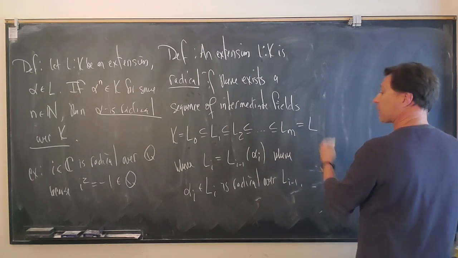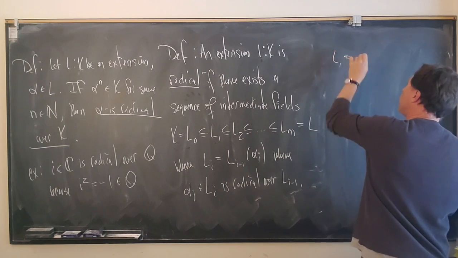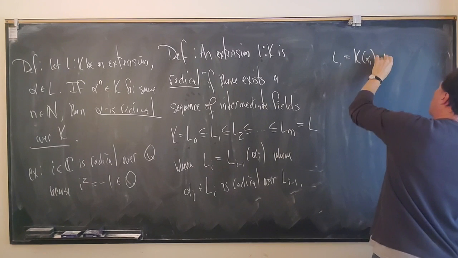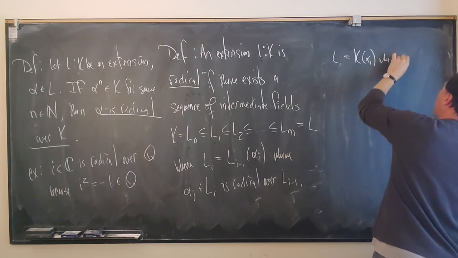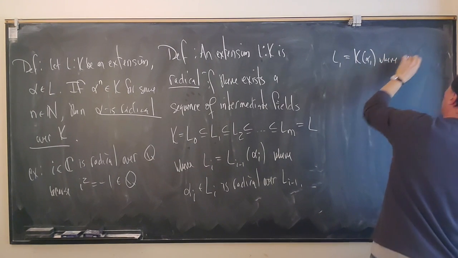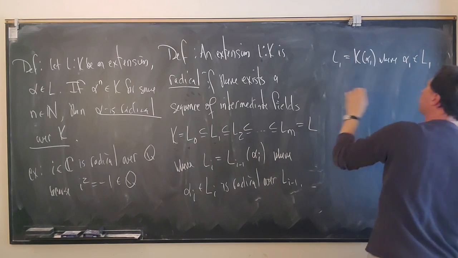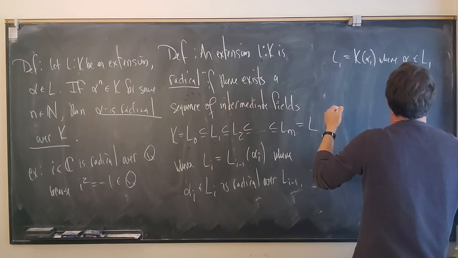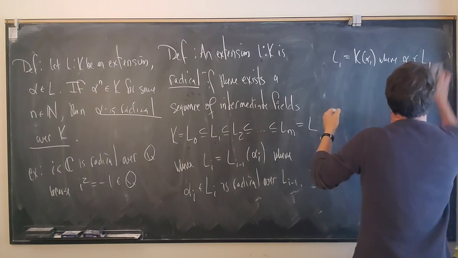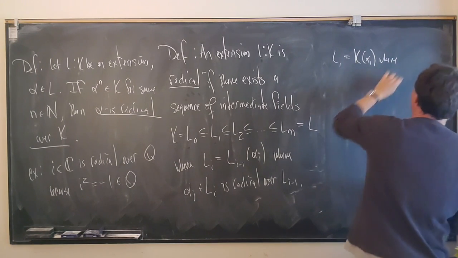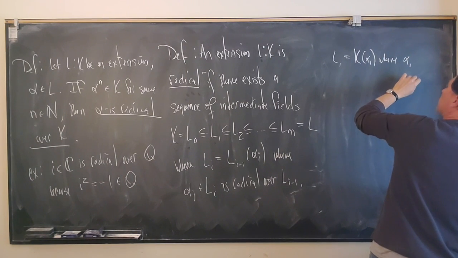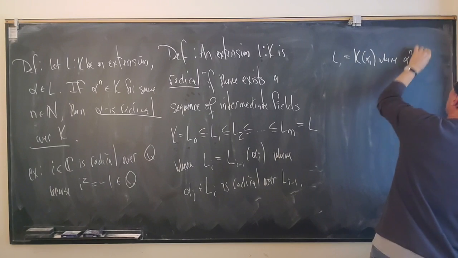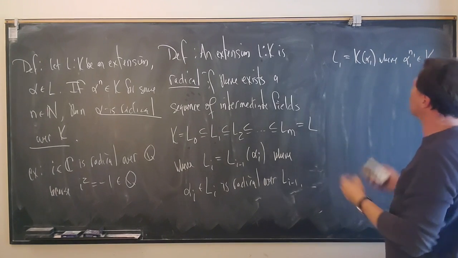At the first stage, L1 equals K adjoin alpha 1, where alpha 1 raised to the n1 lives in K. Okay, so there's the first step.